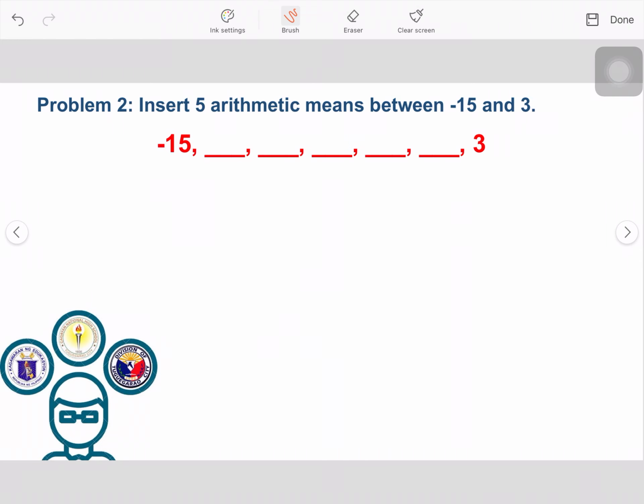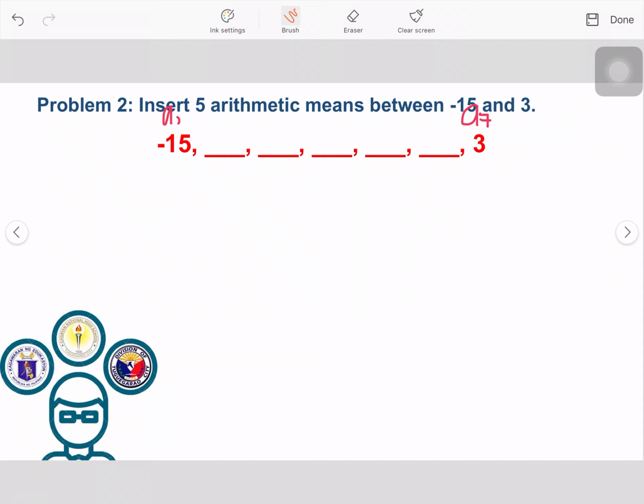Insert 5 arithmetic means between negative 15 and 3. If we are going to insert 5 arithmetic means between negative 15 and 3, then that means my first term is negative 15 and my seventh term must be equal to 3.